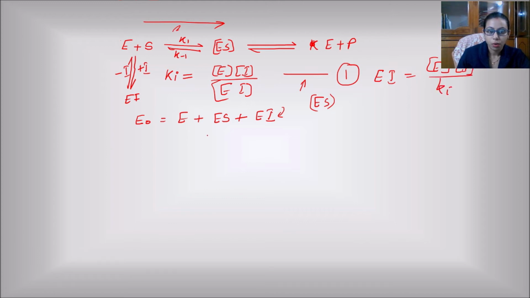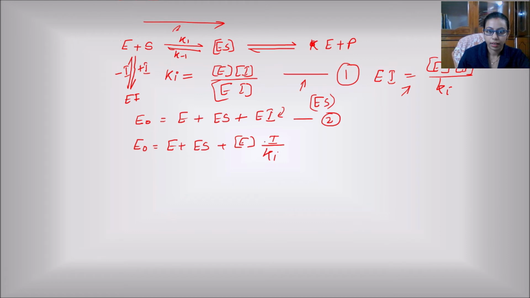So let's replace this EI value in equation number 2. It will become E naught equals E plus ES plus E into I by Ki.